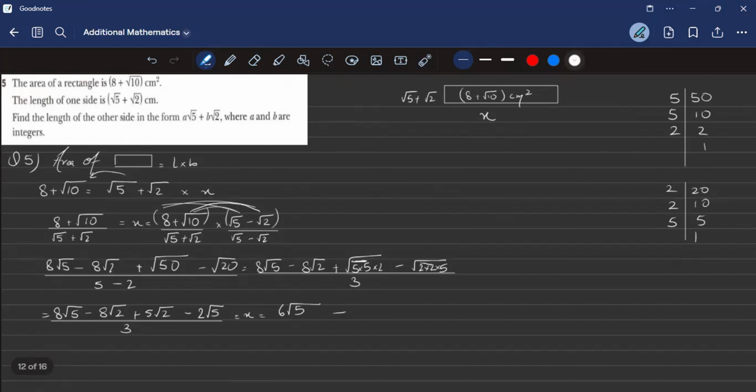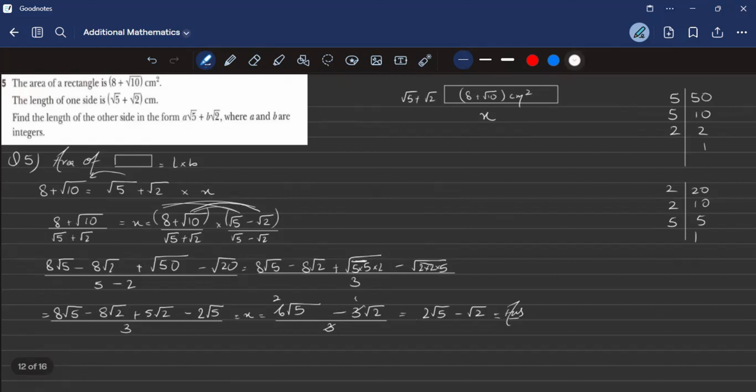So this is going to give us 3 minus 3 under root 2, divided by 3. We're going to simplify this. 3 ones are 3, 3 twos are 6, and 3 ones are 3. So our answer would be 2 under root 5 minus under root 2.